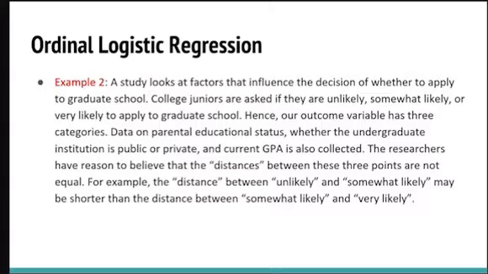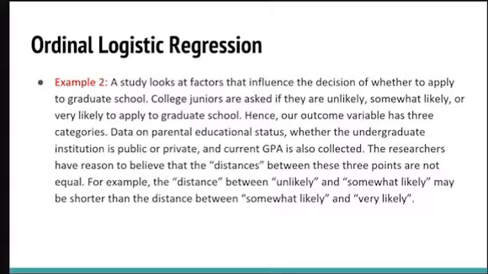Data on parental education status, whether the undergraduate institution is public or private, and the current GPA is also collected. The researchers have reason to believe that the distances between these 3 points are not equal. For example, the distance between unlikely and somewhat likely may be shorter than the distance between somewhat likely and very likely.